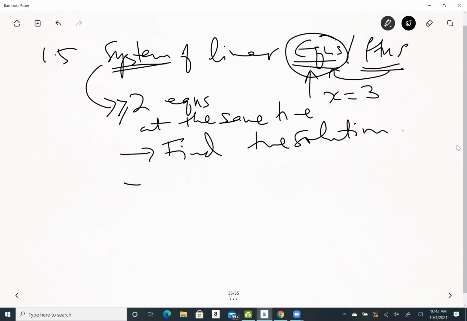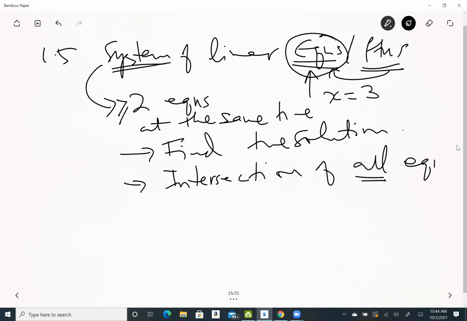The solution is the intersection of all equations in the system.